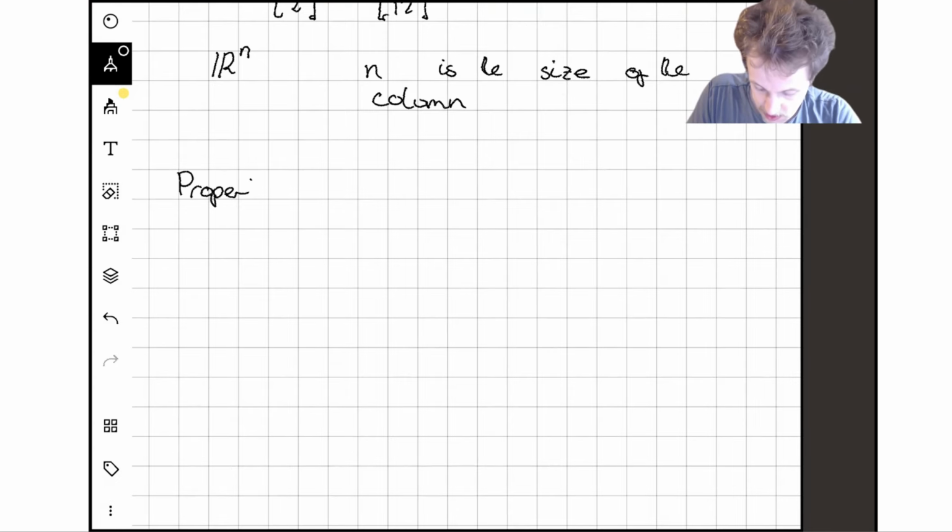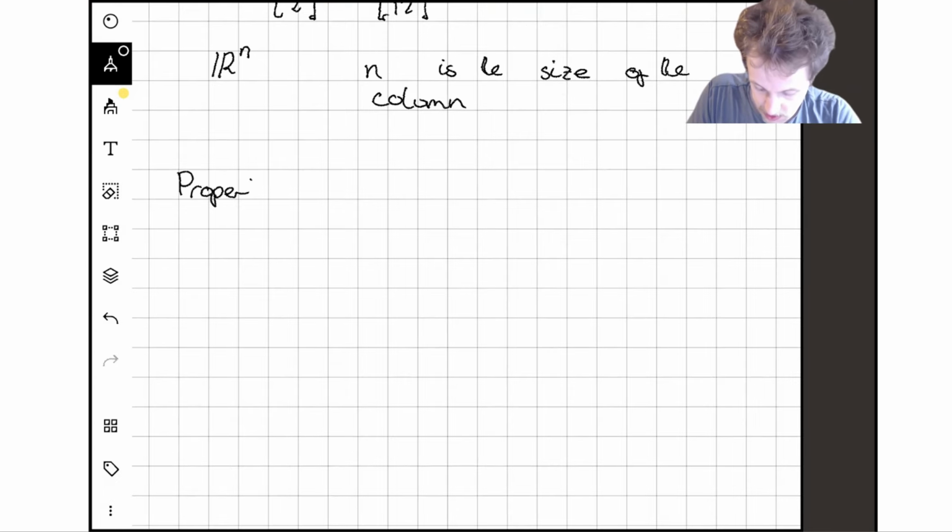Now, all this fancy word means is if I do u plus v plus w, this has to be the same as doing u plus v and then adding w. It doesn't matter what order we do the addition in. We can just put our brackets. It doesn't matter whether we do this bit first or this bit first.